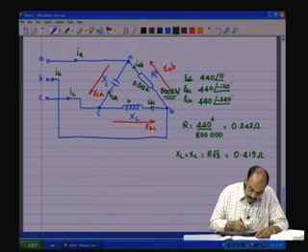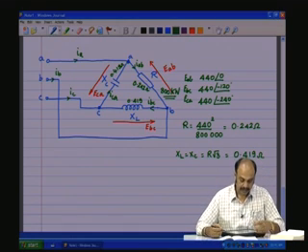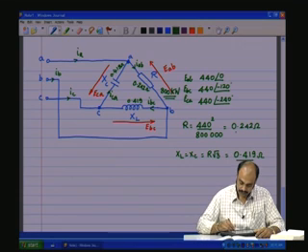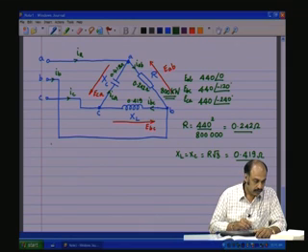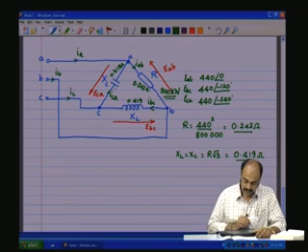So, we put here 0.419 ohms, 0.419 ohms here also. One is capacitive, one is inductive. So, now if we look at the current through each of these.